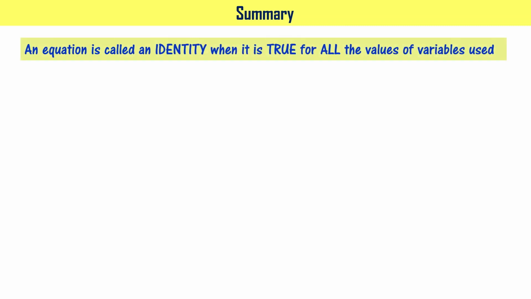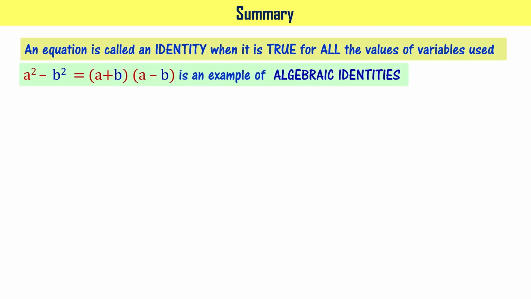Let's summarize what we have learned just now. An equation is called an identity when it is true for all the values of variables used. For that reason, a square minus b square equal to a plus b times a minus b becomes an identity and it is called an algebraic identity.